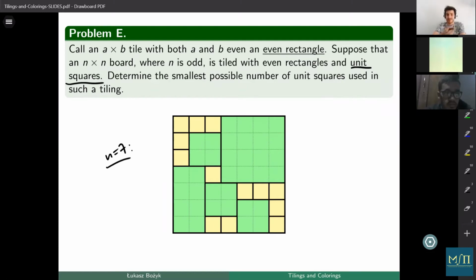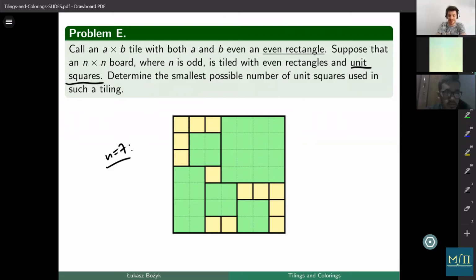And again, you can try to derive some general examples which have as small as possible a number of yellow tiles, but they're not a proof that you cannot have less. Maybe there is some fancy tiling that no one will come up with, right?